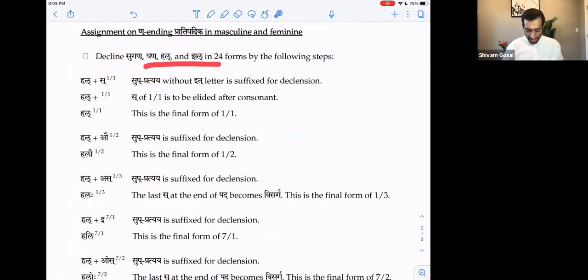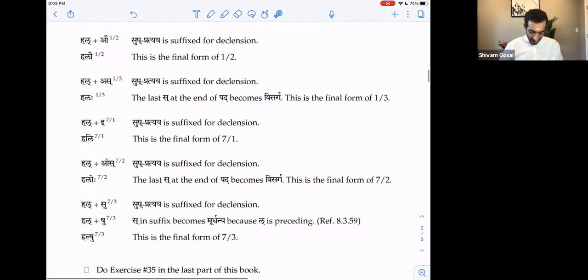They're not na ending, not all of them, but because they were not artificially added, essentially this is a technical language that was added afterwards, they are just going to be added to the supratyaya, just like sugan is. So hal goes through the same steps.